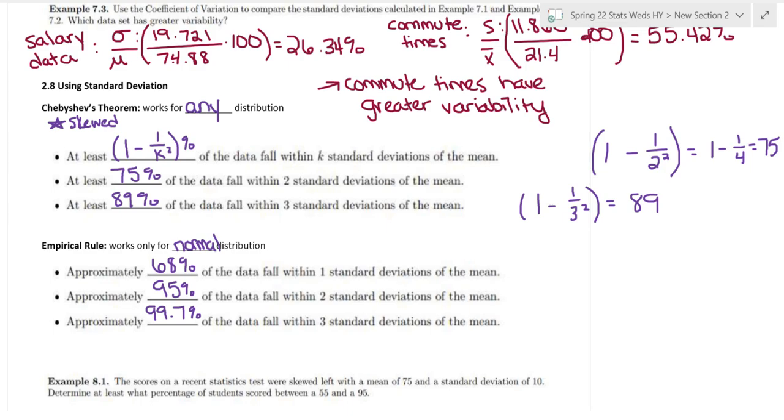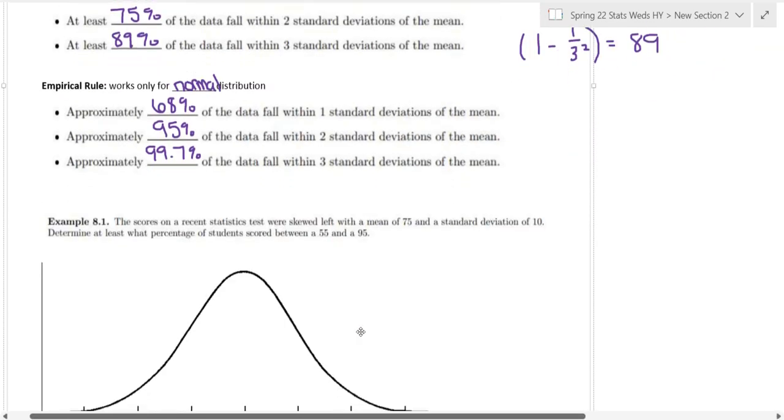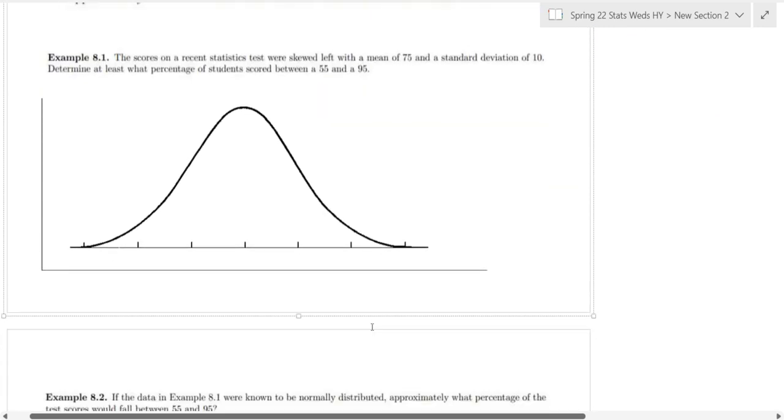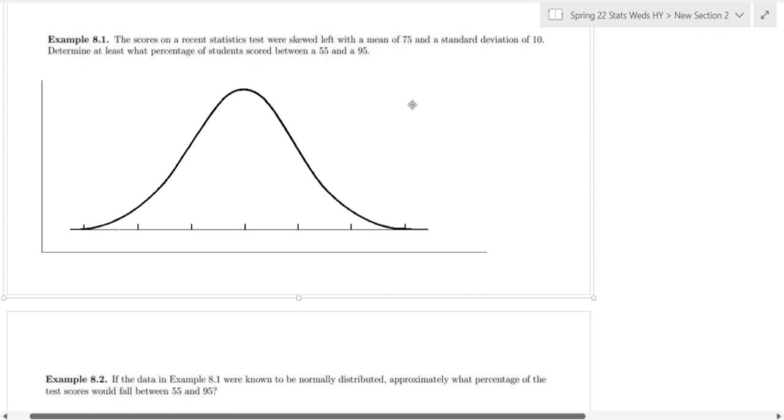All right, so let's do some examples here. Example 8.1: the scores on a recent statistics test were skewed left with a mean of 75 and a standard deviation of 10. Determine at least what percentage of students scored between a 55 and a 95. I have a drawn out curve here because sometimes it helps to visualize it, but you don't have to draw it out.